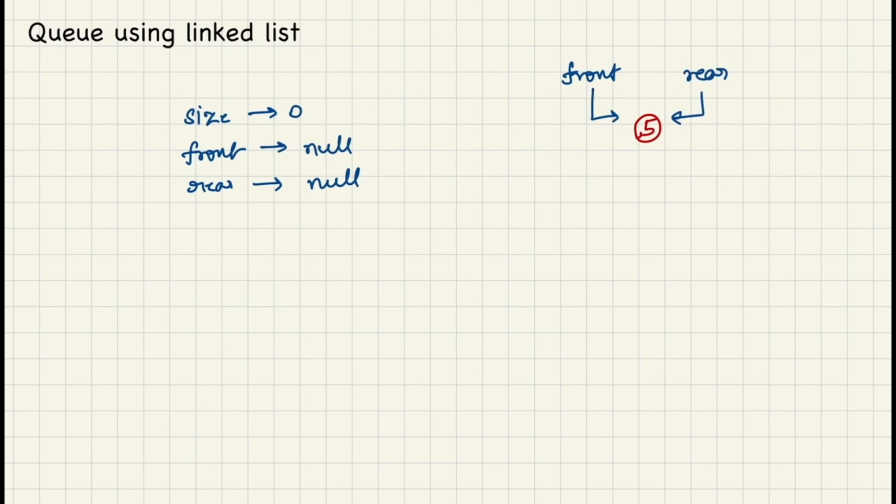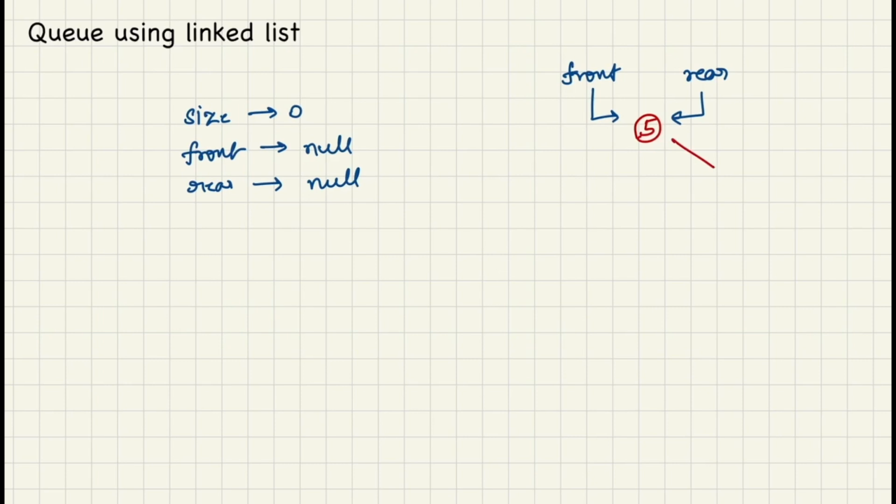Okay. Now when we are going to add one more item, we can add it after this 5. And as you know that in queue, whatever comes first has to go first, right? So whatever we are adding should add after 5 only, right?